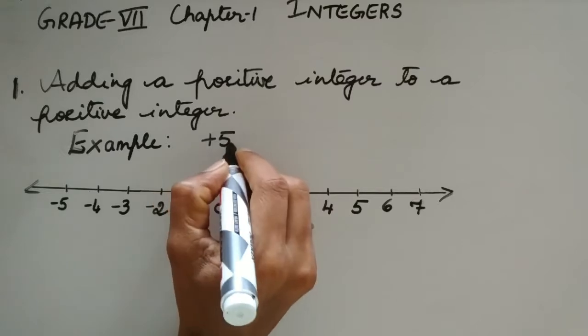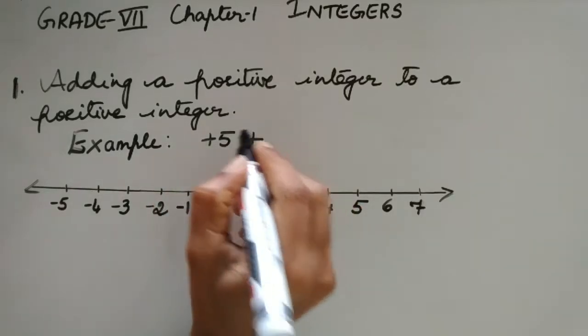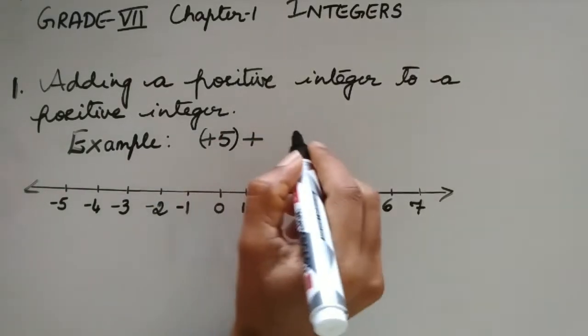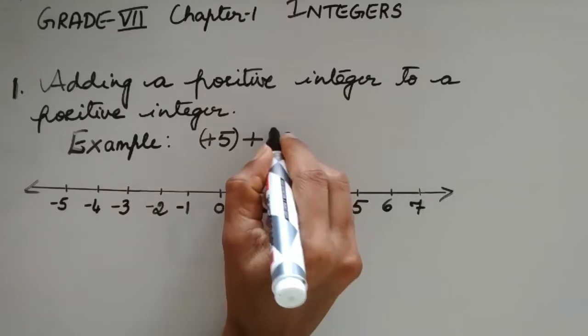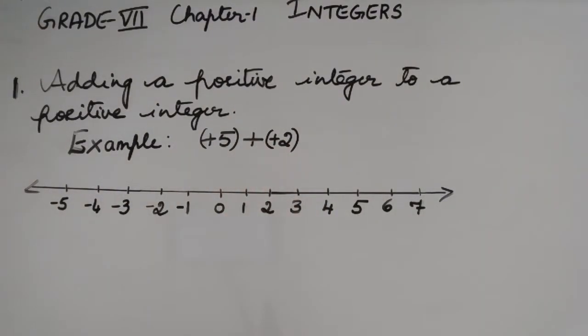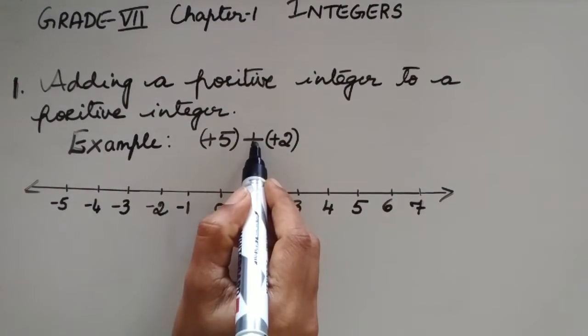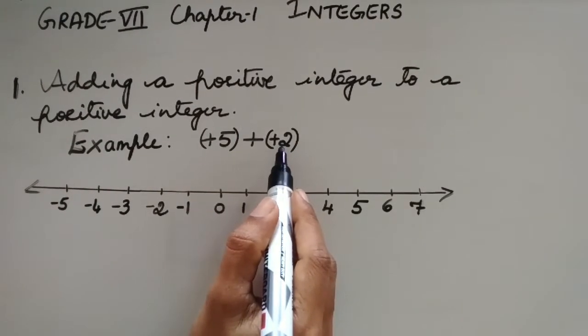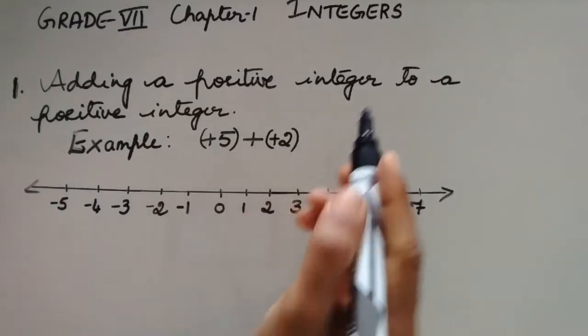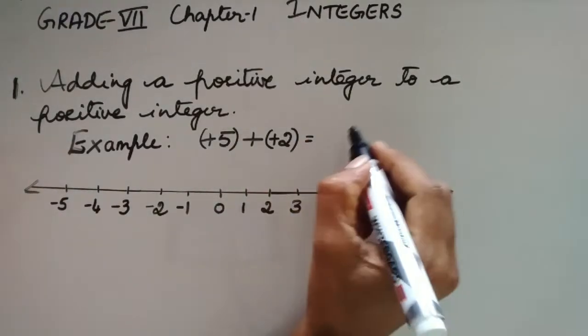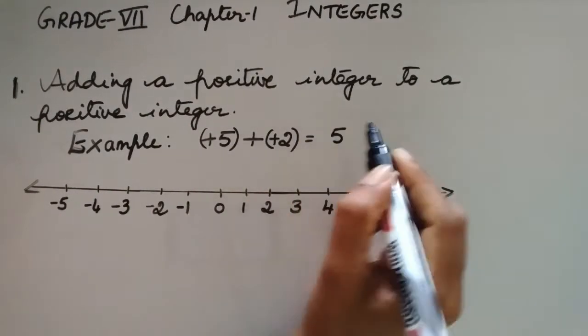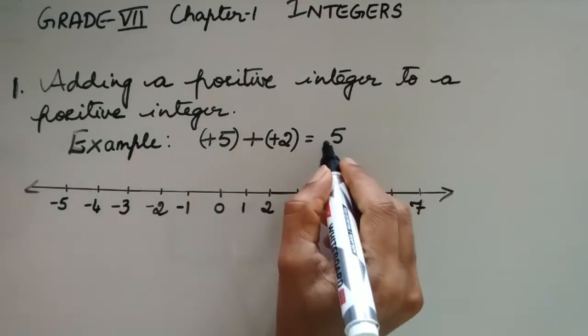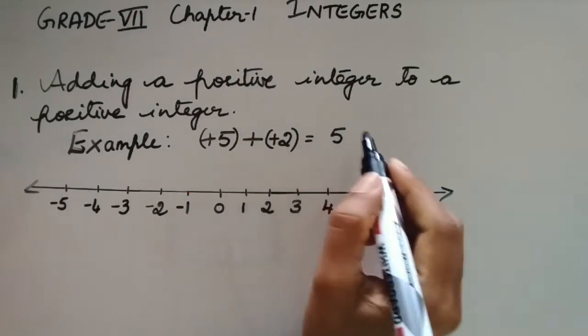Adding a positive integer to a positive integer. Or simply we can write this as plus 5. I can write it as simply 5.